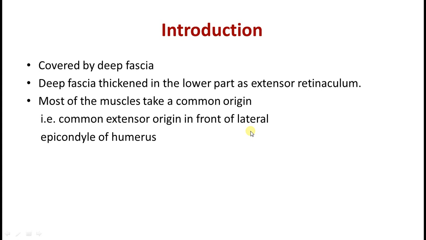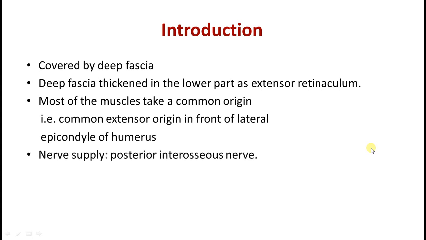In the flexor compartment, I discussed the muscles originating from a common flexor origin in the medial epicondyle. In the same way, at the lateral epicondyle of the humerus there is a common extensor origin from which most of the extensor muscles of the forearm take their origin.